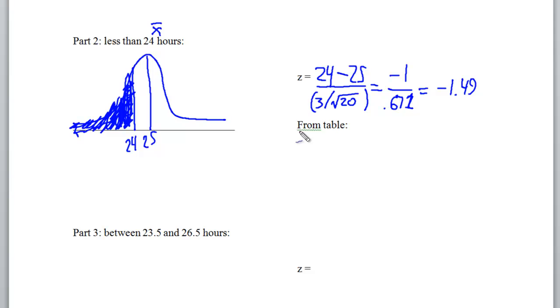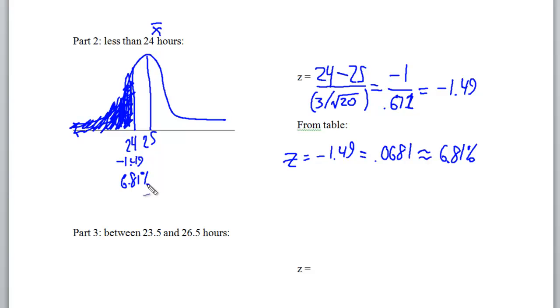From the table in the front of the book, or in the 700s, that table B for our normal distribution, we'll make sure that's, yep, oops, sorry, not table B, table E, is going to say that our z-score of -1.49 is going to have a percentage of about 681 over 10,000, or about 6.81%.